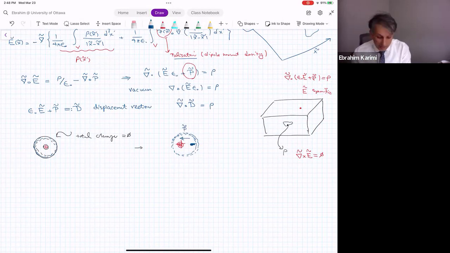These P essentially produce an electric field which interferes with the electric field due to the point charges that you place in space, and they change the total electric field in space. So that's the reason that we developed the above theory and the previous theory, and we got the following expression.